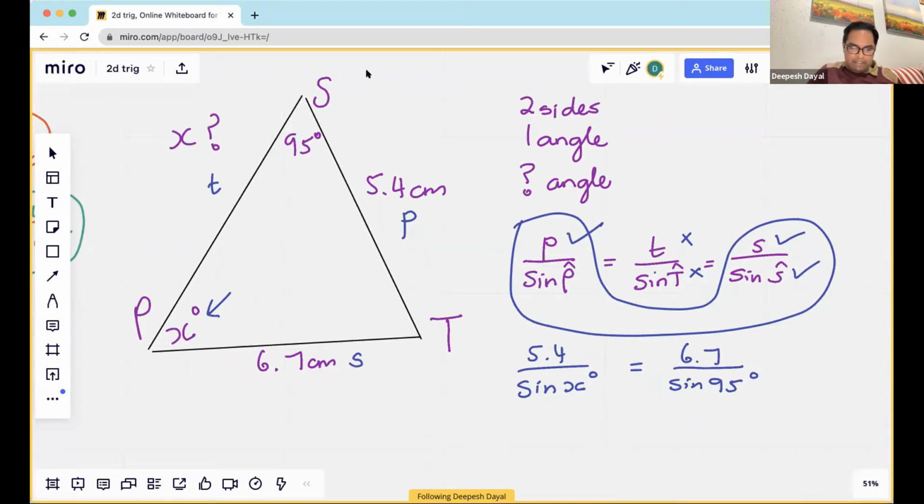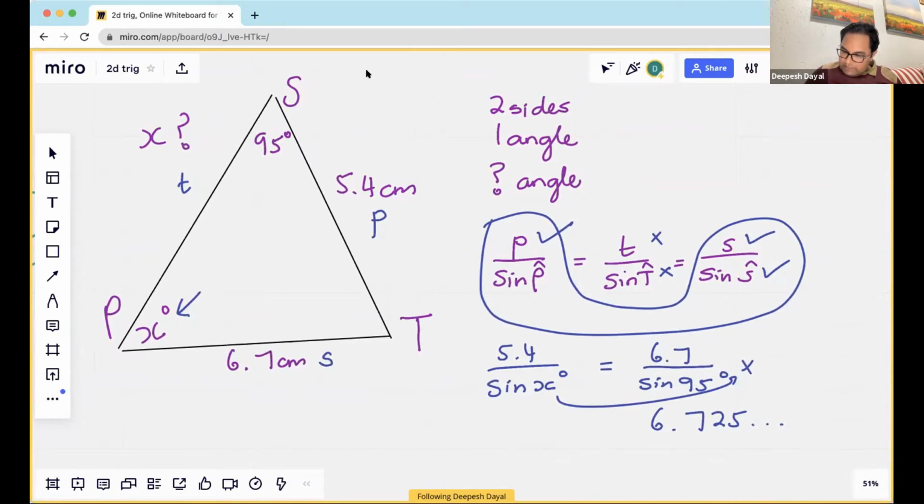6.7 divided by sine 95 will give me 6.725... I don't want to round it off. And remember, you're going to take this over and say times sine X equals 5.4.